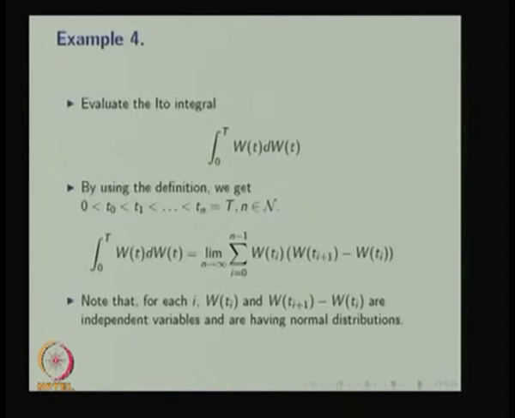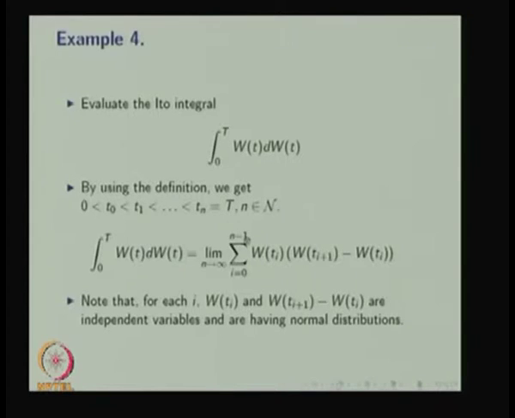Then as n tends to infinity, the integral is nothing but the limit as n tends to infinity of the sum over i equal to 0 to n minus 1 of W(t_i) times the difference of W's. This is the same definition we gave for the Ito integral.